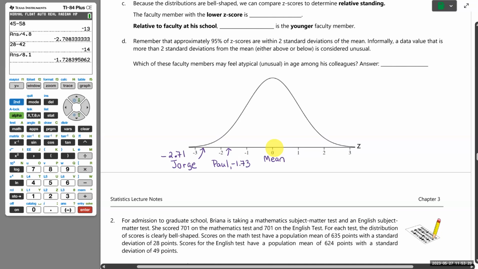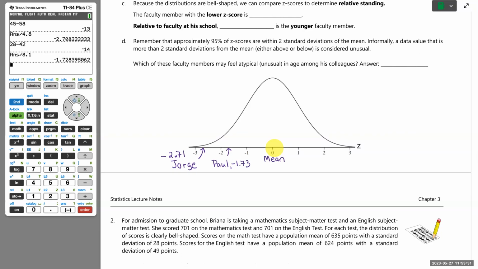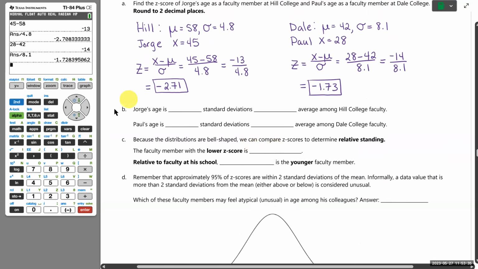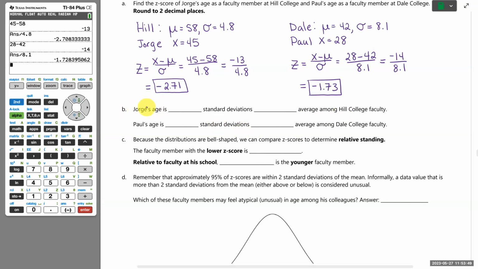And let's then fill in these sentences. All right, so George. So this is how many standard deviations he is. In this case, he's below average among his Hill College faculty coworkers. So we say a positive number here because we're going to say how far he is below.